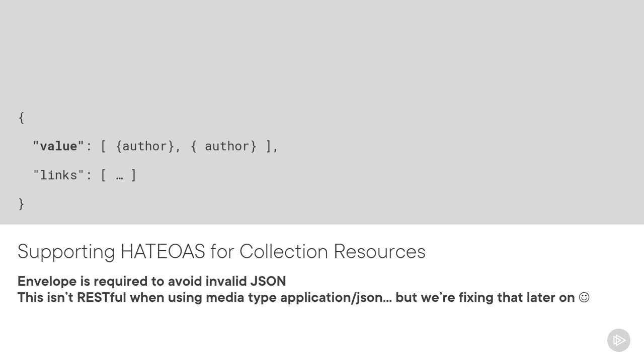After all, when requesting the authors with media type application/json, the representation should be an array of authors. What's on screen now is not an array of authors. It's an object with a value field that's an array of authors and a links field that's an array of links. And that is completely true. But this can be fixed. We're covering that in the next module. For now, let's see how we can implement this and answer a few additional questions and concerns about HATEOAS in the next few clips.